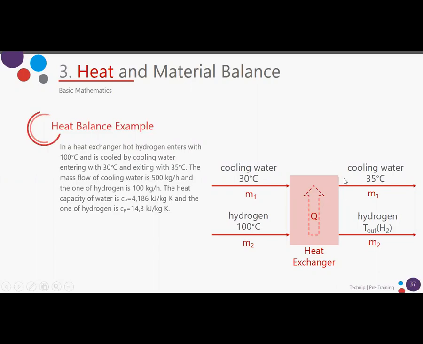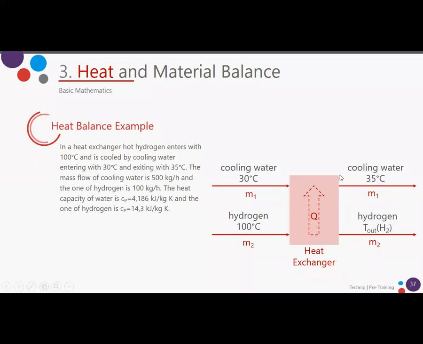We also assume that we don't have any pressure losses, yeah? Because normally the heat capacity is dependent on not only temperature but also on pressure, but we will assume we have no pressure losses within our heat exchanger. So we can assume that the heat capacities are constant.